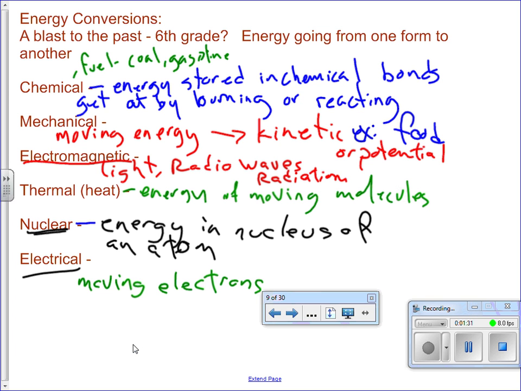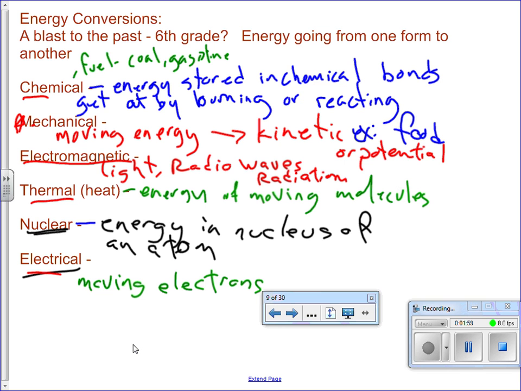When we burn coal to get electricity, you start with chemical energy in the coal, and you burn it, which gets out the chemical energy and turns it into heat energy. Use that heat energy to boil water and turn it into steam. The steam turns a turbine, which makes mechanical energy, and then you use that turbine to generate electricity.